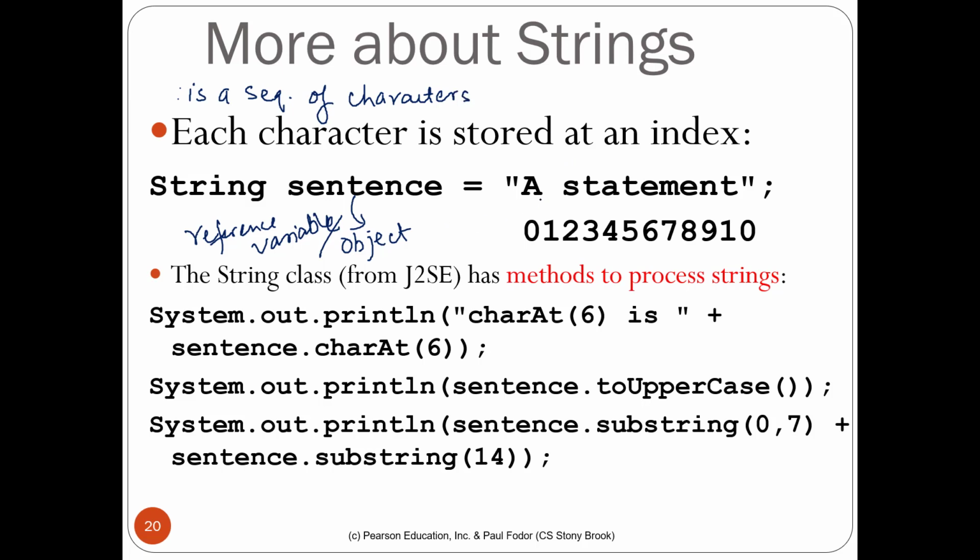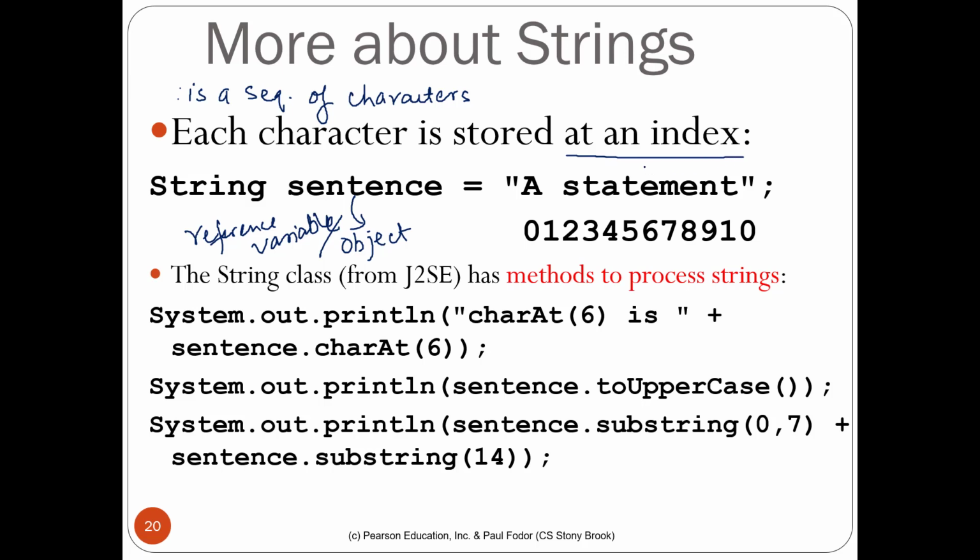An example here is a statement. Now in the sequence, every character in a string has some integer value associated with it, and we call that an index. Each character in a string is stored at an index.